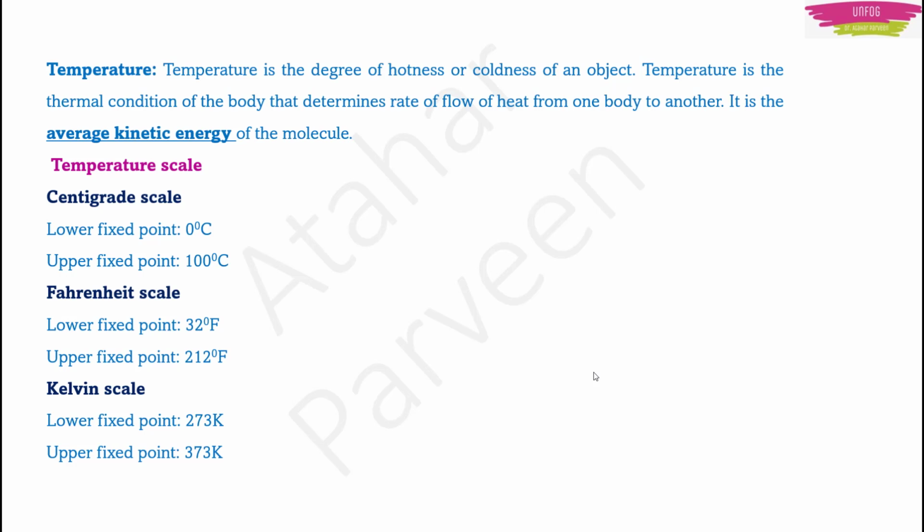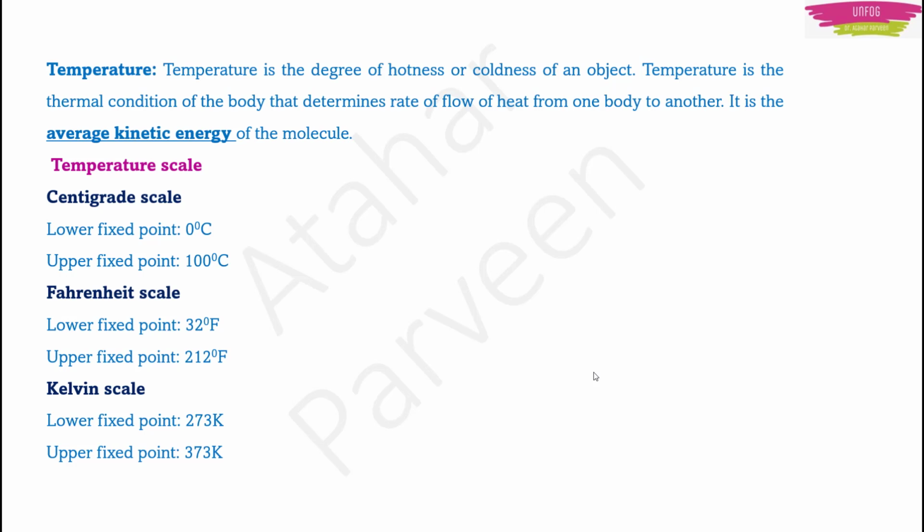For example, if the temperature is of centigrade scale, then the lower fixed point will be 0 degrees centigrade and the upper fixed point will be 100 degrees centigrade. Similarly, for Fahrenheit scale, the lower fixed point will be 32 degrees Fahrenheit and the upper one will be 212 degrees Fahrenheit. And the same way for Kelvin scale also.